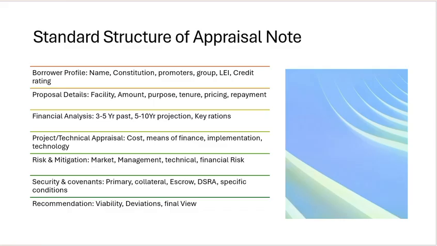We do stress testing, scenario analysis, and sensitivity analysis on all these ratios, and make sure the debt service coverage ratio in all conditions stays above one. Then the project and technical appraisal.